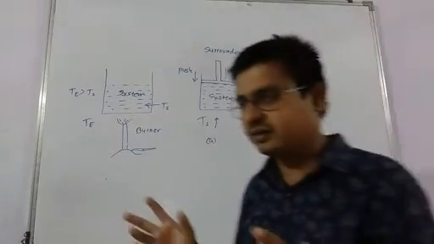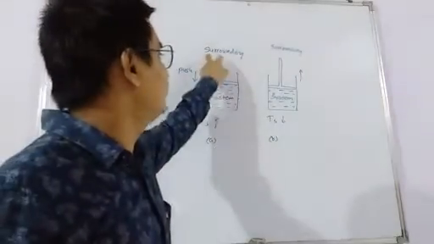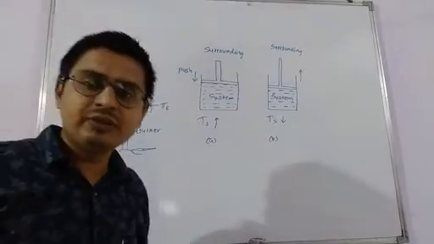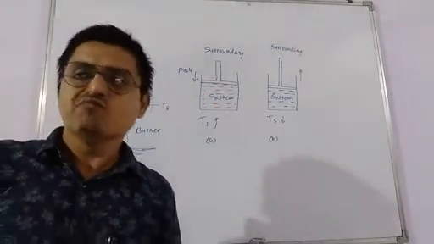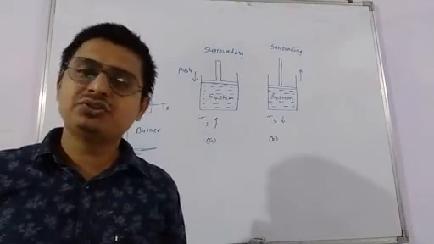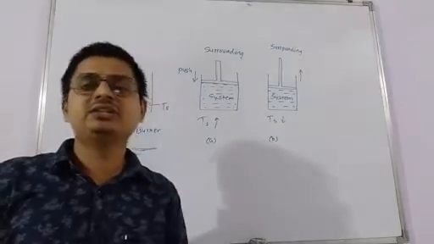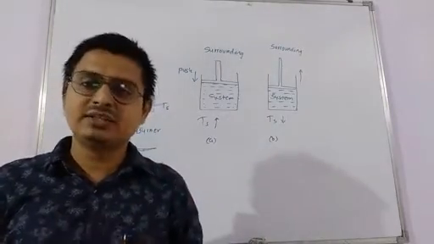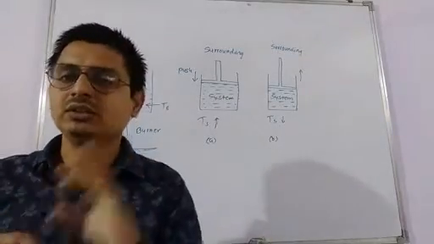So just remember that in the second method there is a container, and then we have a piston over it. When the piston is pushed downward, there is work done from the surroundings to the system, which increases the temperature of the system. That is, there is a supply of heat from the surroundings to the system.